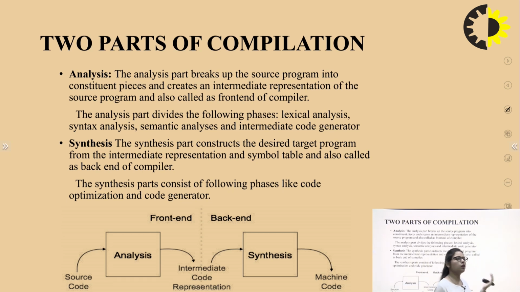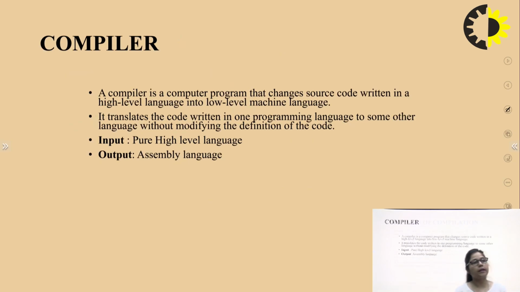Now, the synthesis part constructs the desired program from the intermediate representation and symbol table, and is also called the backend of the compiler. The synthesis part consists of the following phases: code optimization and code generator. The starting 3 phases of the compiler are also called the front end, and the last 3 phases are also called the backend.